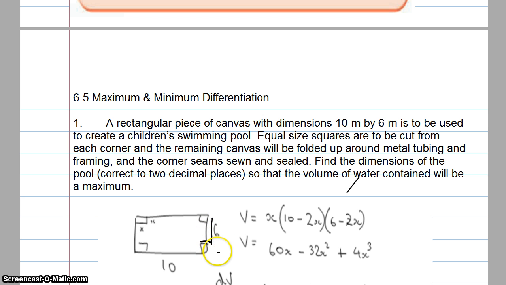And then I would need to measure from here and make it 4 meters that way as well. And the cuts would actually overlap themselves, so that's not possible. So I also know that x needs to be greater than 0, and it also needs to be less than 3. Because if it's greater than 3, there's not enough material, and if it's less than 0, then you don't get a pool at all.